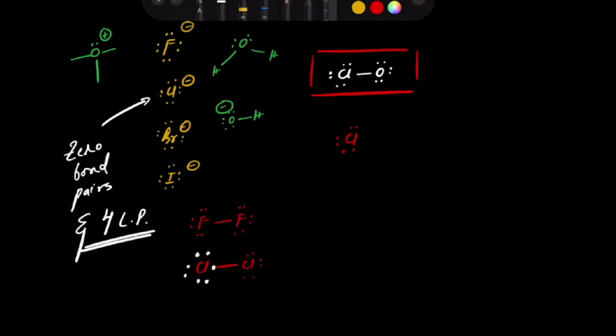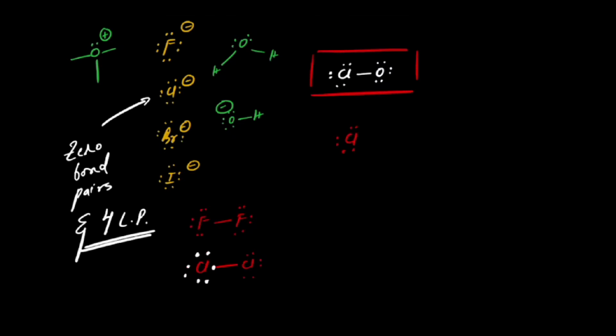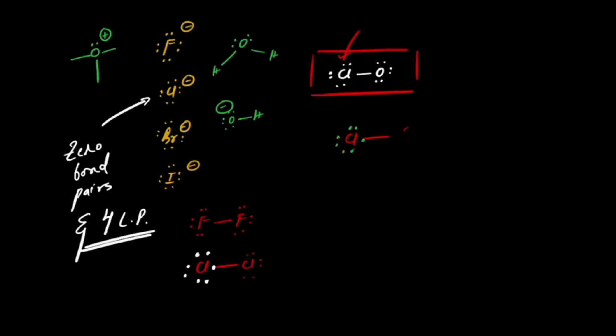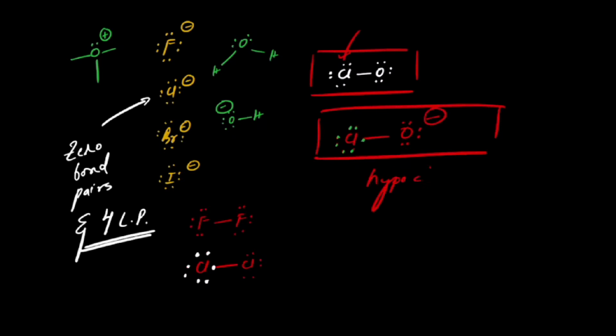So here also chlorine has 7 electrons and it is neutral. So here chlorine holds no charge. It is neutral because it has how many electrons? 1, 2, 3, 4, 5, 6, 7 electrons. Whereas oxygen here has 3 lone pairs and 1 bond pair, and always it has negative 1 charge. So this is called a hypochlorite ion. Okay, next.